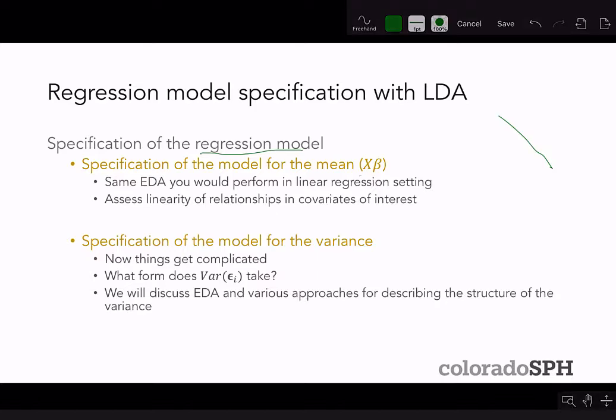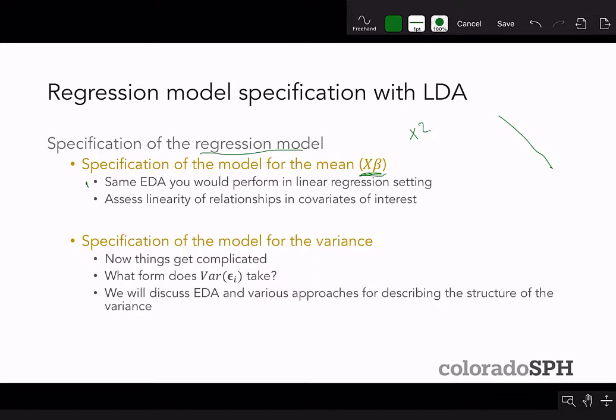This is the X betas that you put into your model, meaning which X terms, which covariates you're including, and if you're doing things like transforming them, like X squared, or if you're adding interaction terms, stuff like that. So in order to figure out which covariates are good to include, you can do the same sort of exploratory analysis you would perform in a linear regression setting.